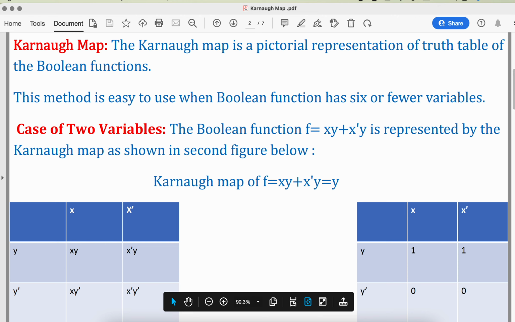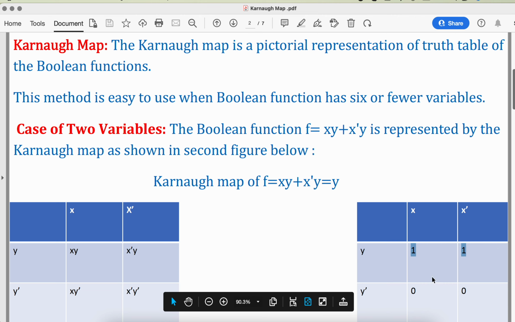Two adjacent squares xy and x dash y containing 1 have been enclosed by the rectangle. This is a rectangle which represents xy and x dash y.